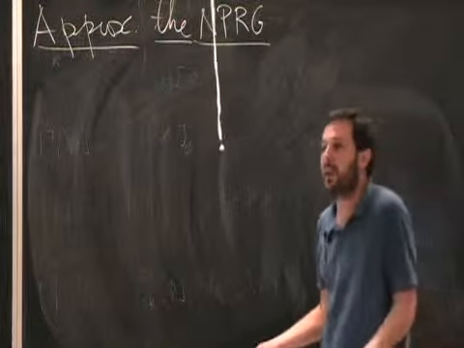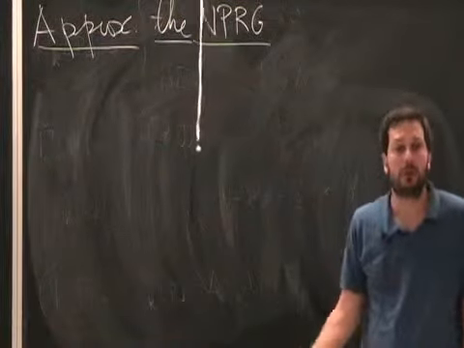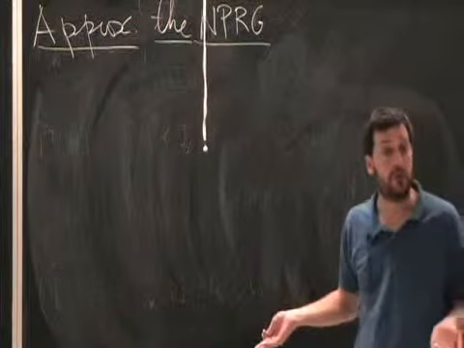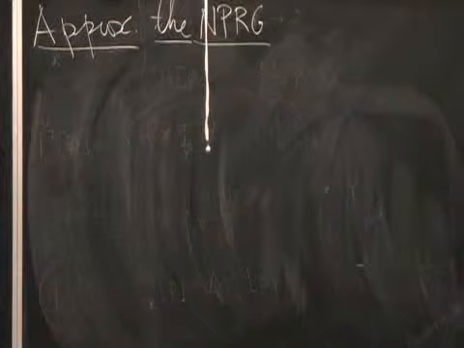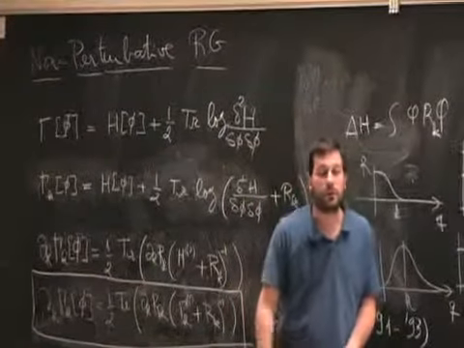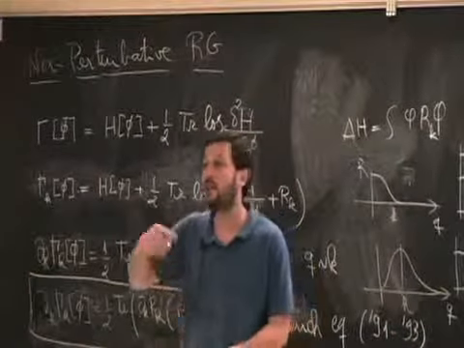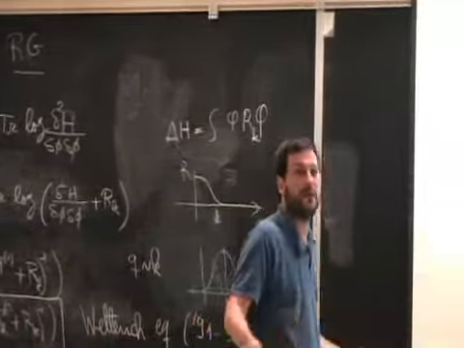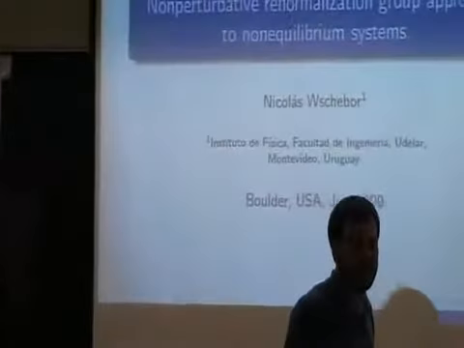Well, the first thing you are able to do in this context is to use perturbation theory. If you use perturbation theory in this equation, you recover the standard perturbation theory. And if you use RG improved perturbation theory, you recover perturbative RG. There is nothing mysterious in that.